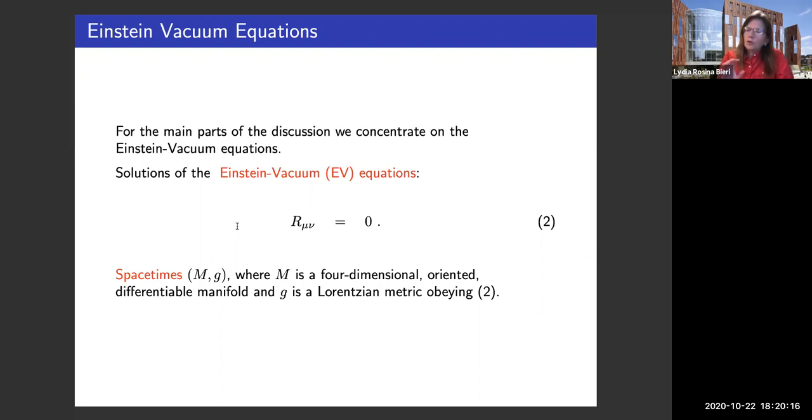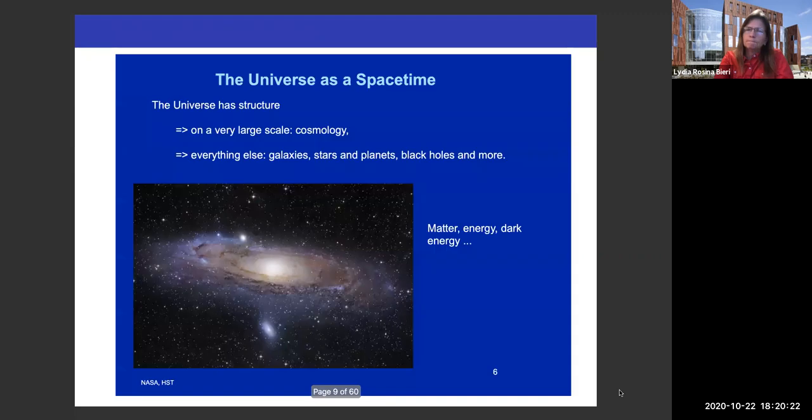And the Einstein vacuum equations have a lot of interesting structures and, well, solutions for that matter. Solutions to these equations are spacetimes. As I said, we talk about four-dimensional spacetime manifolds. And there's no other structure there. So the structure of this manifold mathematically is all there is. Matter, energy, everything that we do and think about is part of this manifold and gives it a structure.